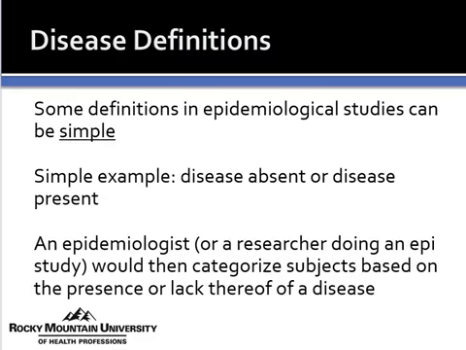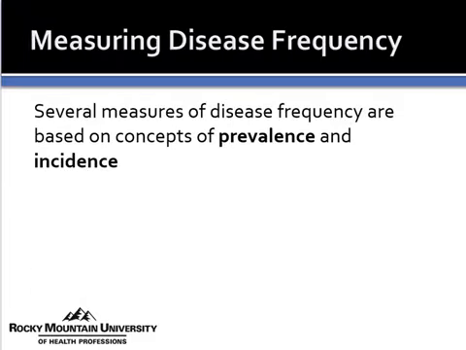Now, some definitions in epidemiologic studies can be simple. Simple example being that the disease is absent or it is present. An epidemiologist or a researcher doing an epidemiologic study would then categorize subjects based on the presence or lack thereof a disease. And so of interest to us are prevalence and incidence.